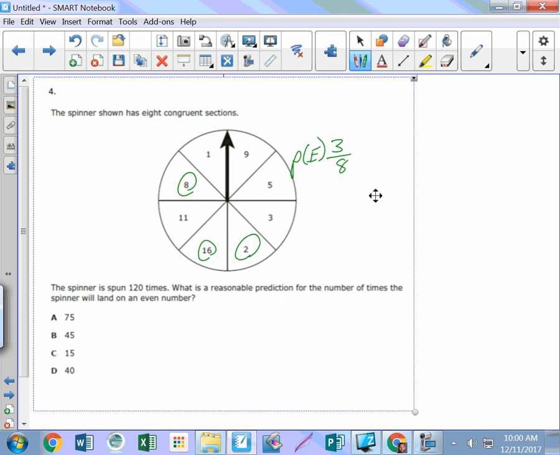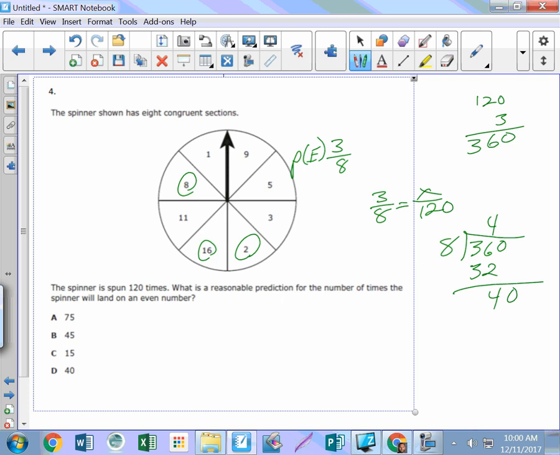Spin it 120 times, that's 3 eighths equals x over 120. This is your total amount. Cross multiply, 120 times 3, 360. 360 divided by 8, 45. So the answer is B.